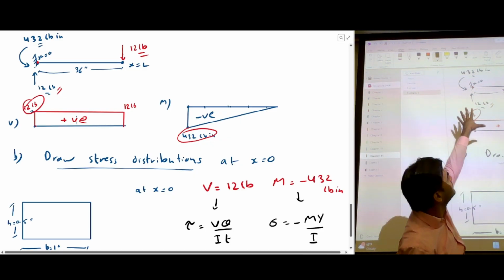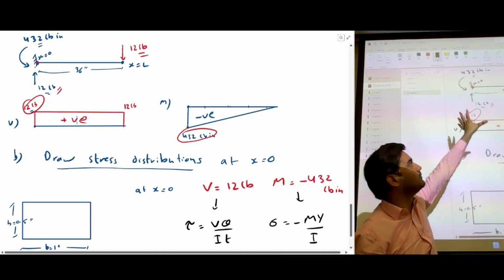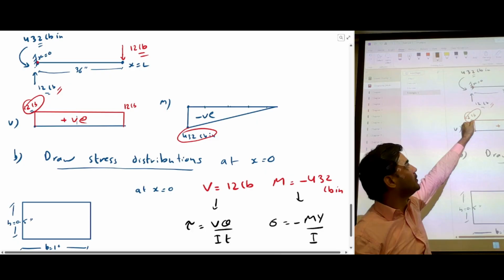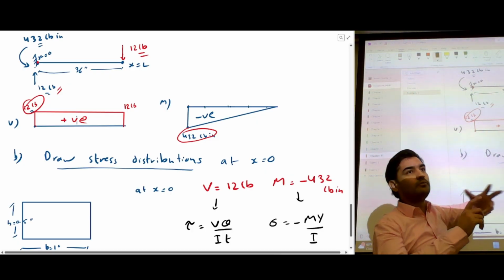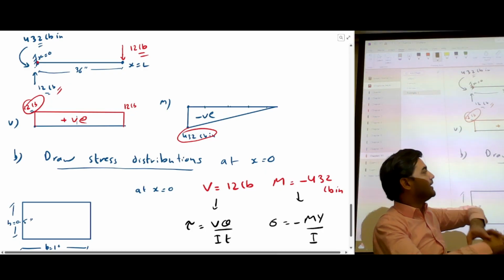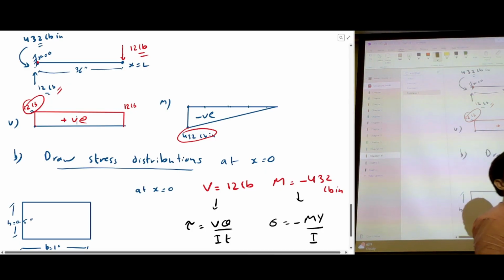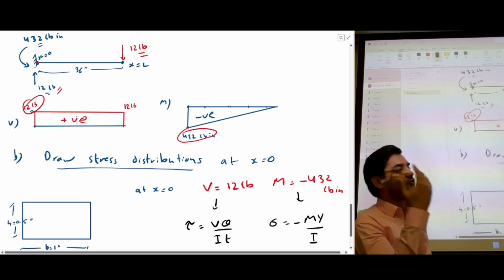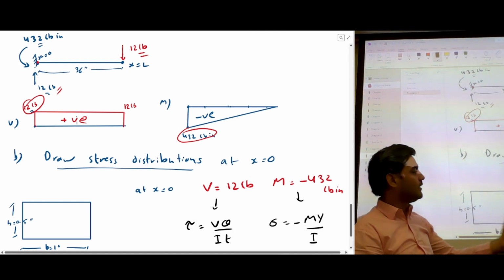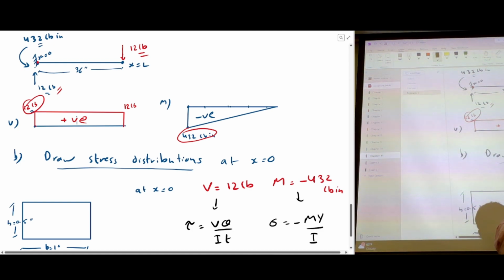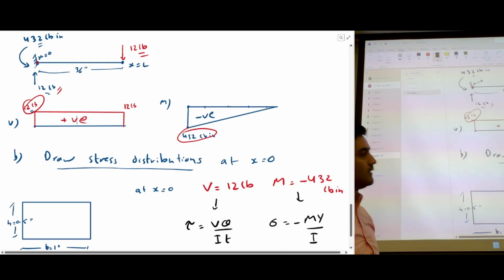You have a member, a cantilever beam or something, with a given loading condition. You will calculate the internal loads, which could be axial load, torsion, shear force, bending moment. From there, you will calculate the stresses. If it's an axial load, you will go to chapter 3. If it's torsion, you will go to chapter 4. Similarly, you will calculate the stresses. Once you have the stresses, you can get the stress element.